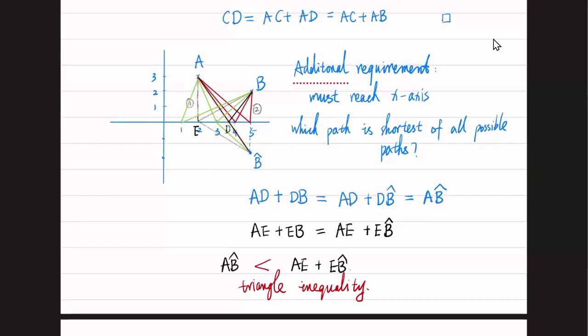In particular, A B hat, this path, gives us the shortest path.